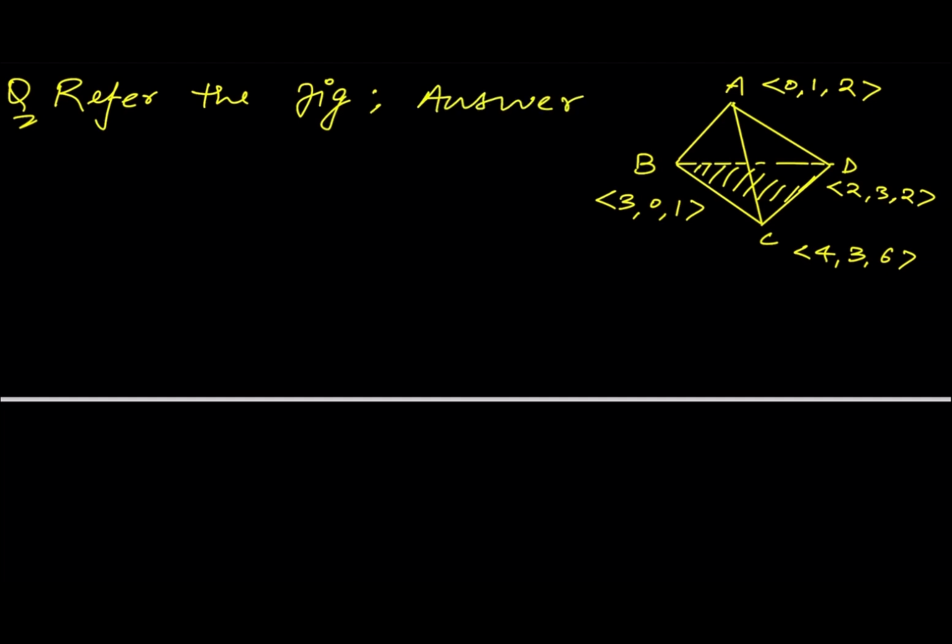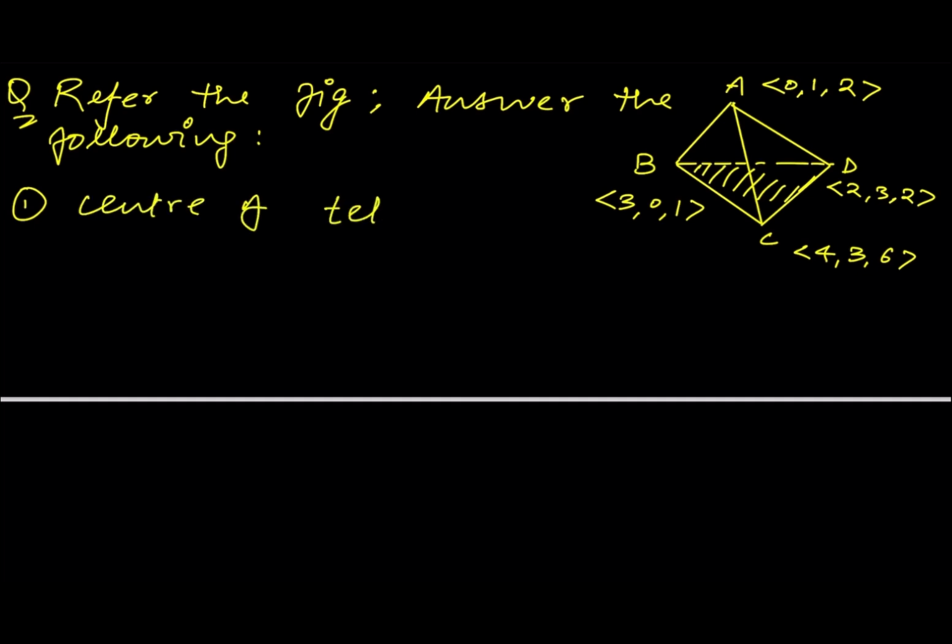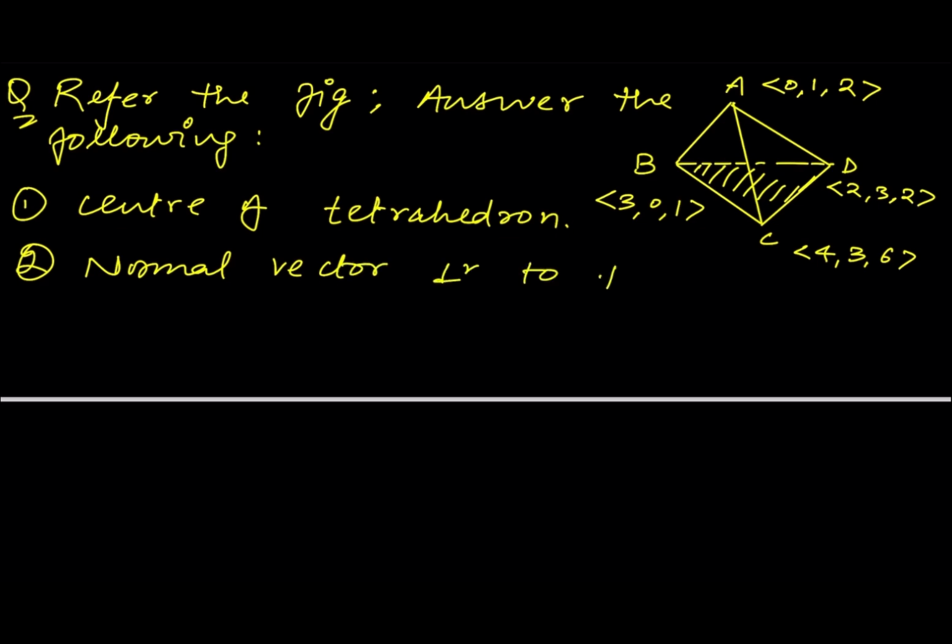answer the following. First part is find the center of the tetrahedron. Second one is the normal vector perpendicular to the plane BCD.